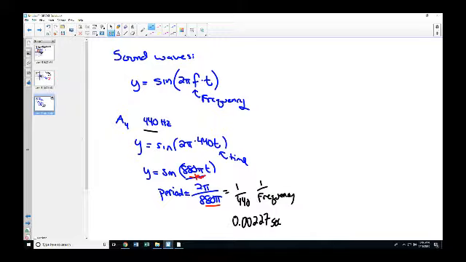All right, so now at this point in your project, you've picked your song, you've picked your chords, you've decomposed those chords into notes, you found your frequencies, and now you can write your function. Feel free to make the amplitude whatever you like. Your choice.